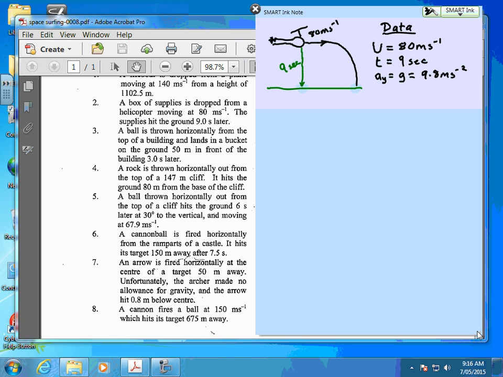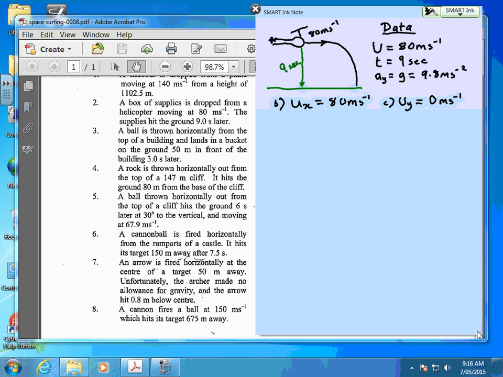And if you're not listening, it's obviously going to confuse you, so it'd be good if you did this with me. Question B, find u_x, you can just do by knowing it is 80 metres per second. Which means the next question C, the initial vertical, because all the motion is sideways, must be 0.